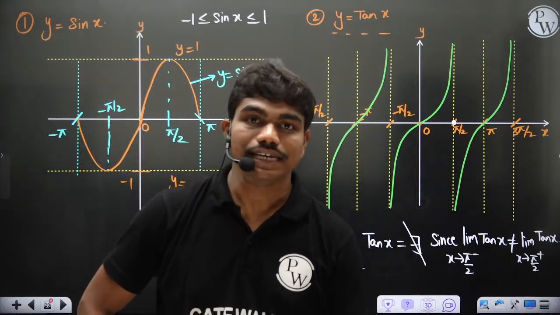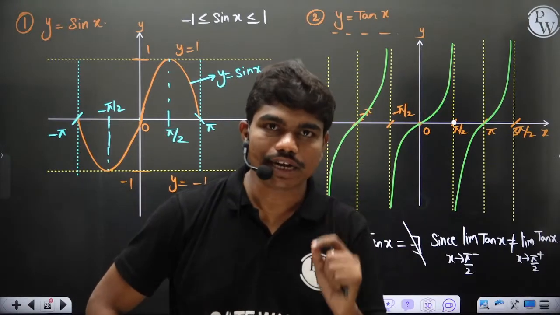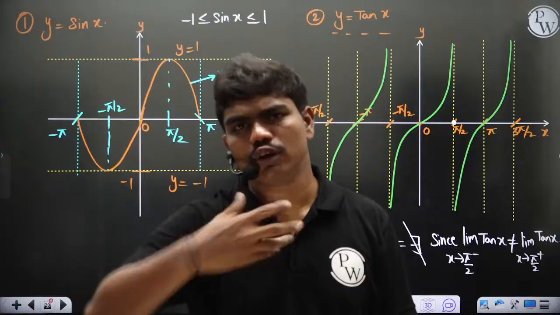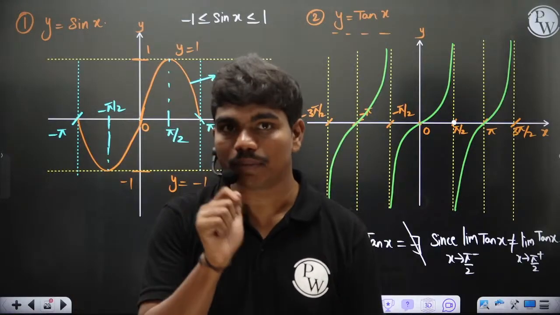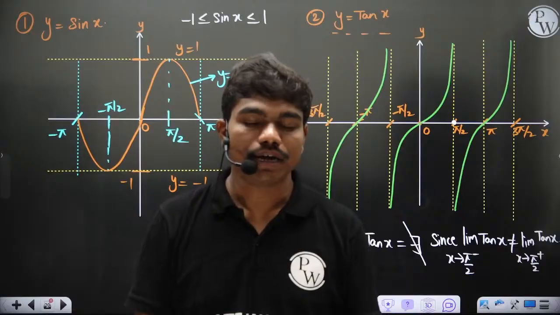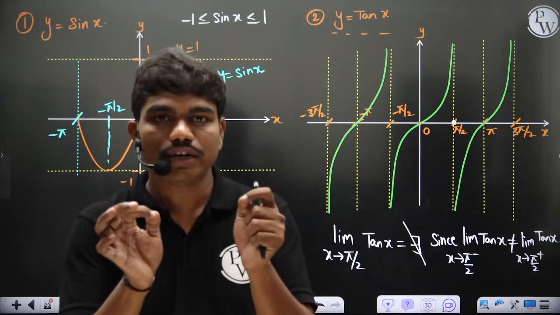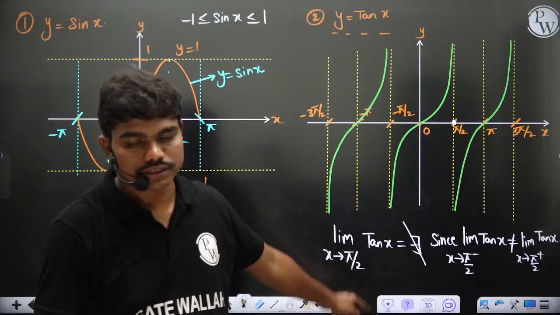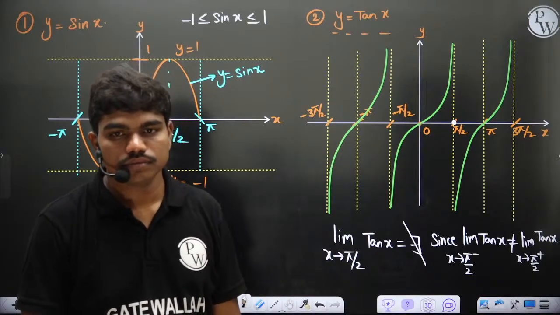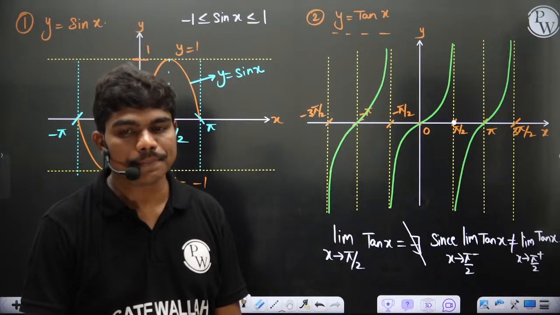See, function may or may not exist. For the limit to exist, function may or may not exist, doesn't matter. The function need not have a value exactly at that point. But if both the sides are not converging to the same value, then we say limit does not exist.